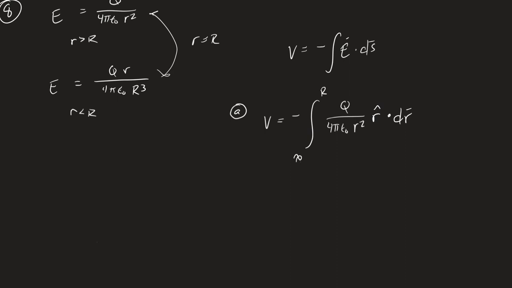This is kind of what we did already once, to talk about the electric potential for a point charge. And I say kind of, it's exactly what we did. We just went to a distance that was somewhere outside of our point charge. This time I'm making that distance all the way to the surface of the sphere.